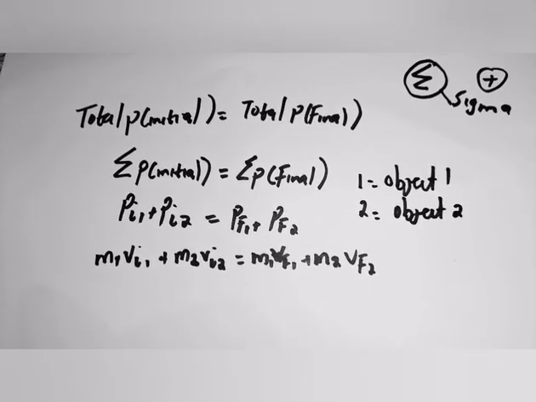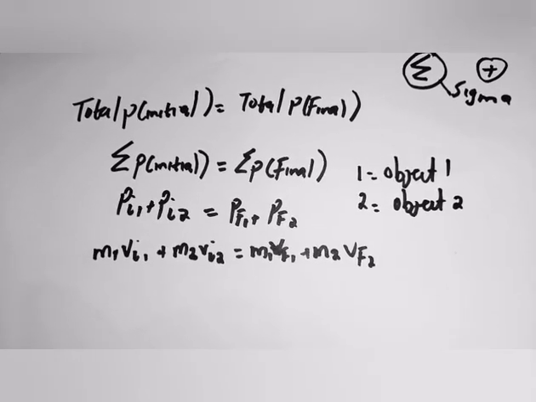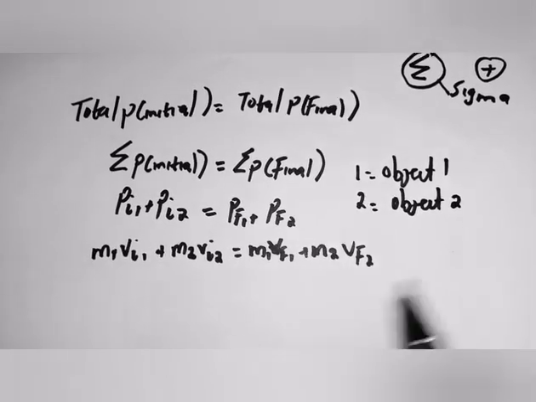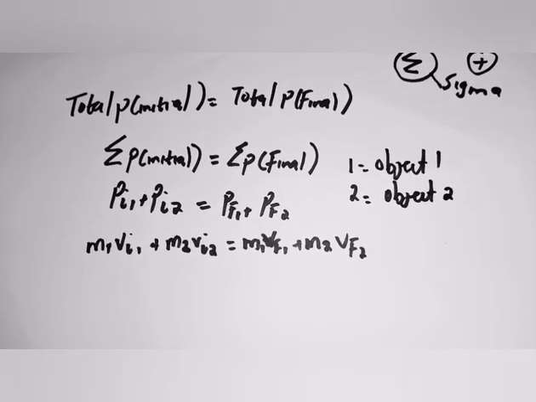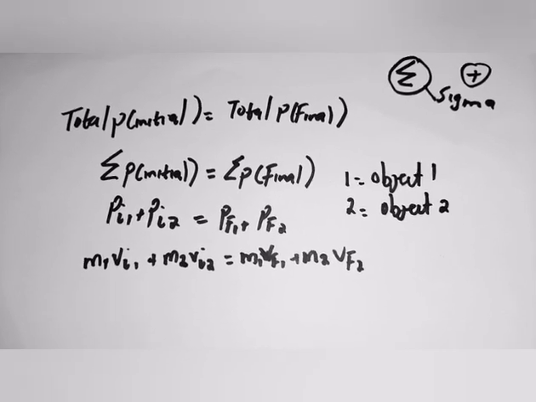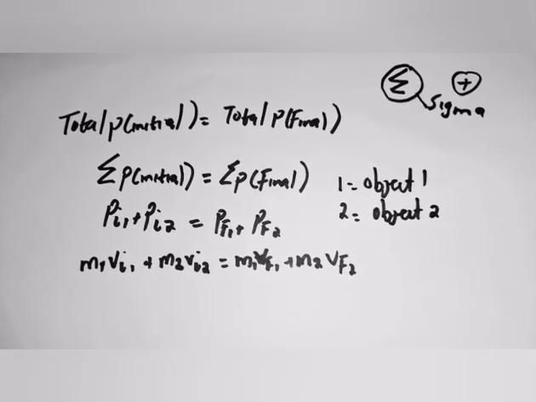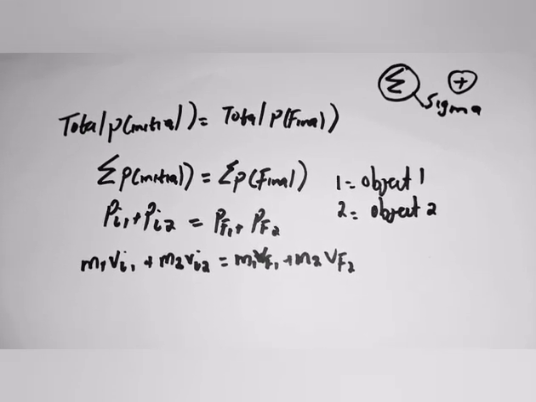I don't know if you guys understand that. For the conservation of linear momentum to exist, there must be two objects interacting or colliding.